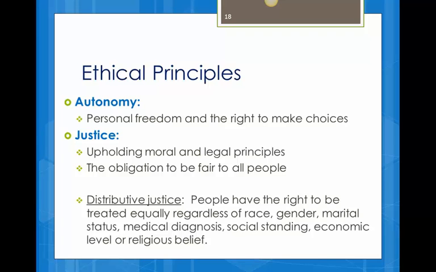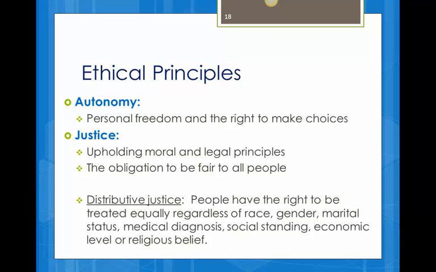When we think about limitations, is there a time when an individual's autonomy would be taken away? If you think about this for just a second, there are definitely limitations to autonomy. If a person poses a risk to others, or if they're unable to make decisions for themselves, such as maybe they have dementia, Alzheimer's, or are developmentally delayed.